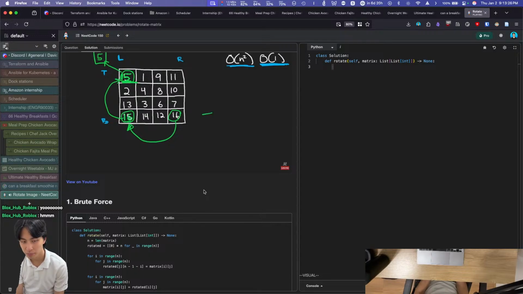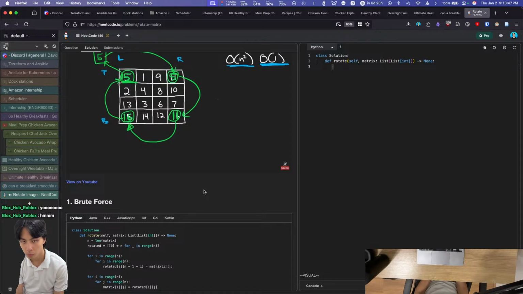Okay. And now we know that we need to make a rotation from 11 to here, so let's put an 11 over here. And last but not least, we know the original 5 had to be put over here, and we stored that 5 in a temporary variable. So now let's move that 5 over here.